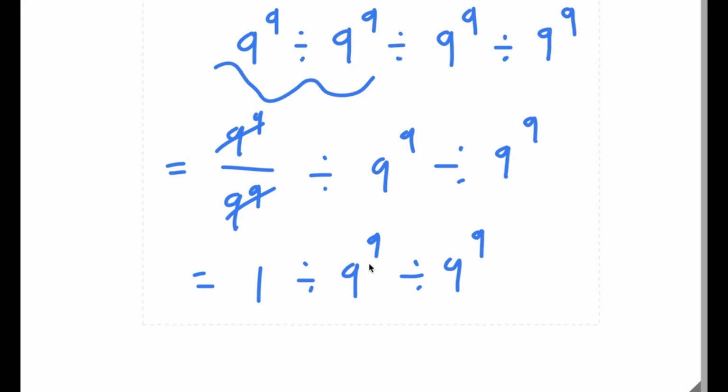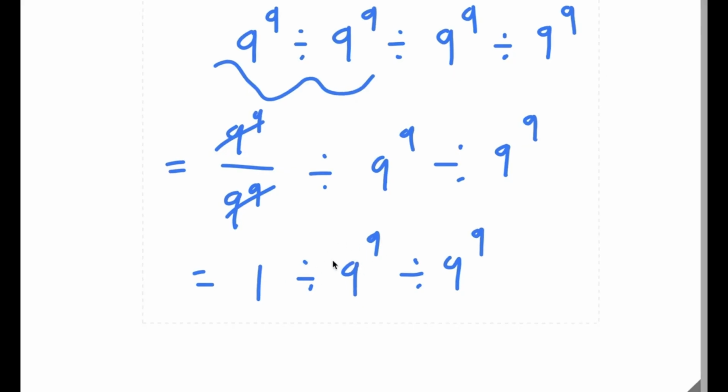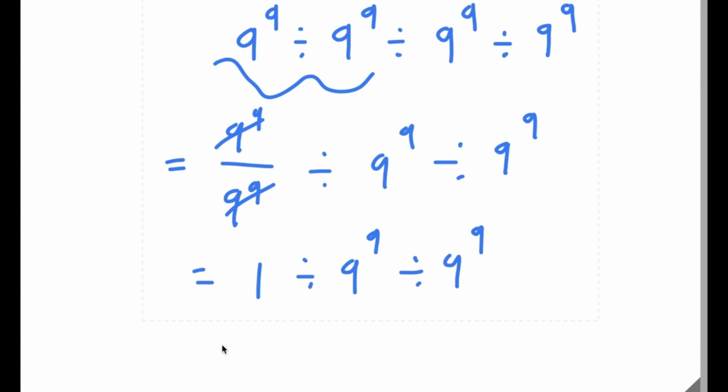Now again, you would have to go in order. So now we're going to do 1 divided by 9 to the power of 9, which is equal to 1 over 9 to the power of 9. Now I have this divided by 9 to the power of 9.